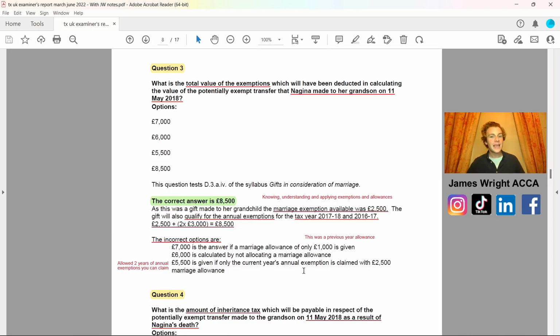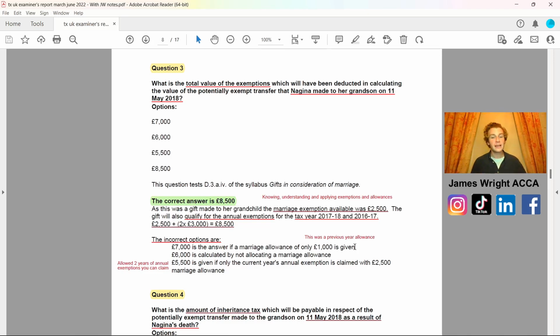We also have the incorrect options, so allowing for 2 years of annual exemptions you can claim, which obviously is incorrect on there. We'll come on to the 7,000 first of all, where the answer of only 1,000 is given. So what they've done there is they've got 2 years of annual exemptions and only 1,000, which is a change in the annual exemption rate on there for marriage because it was increased to 2,500.